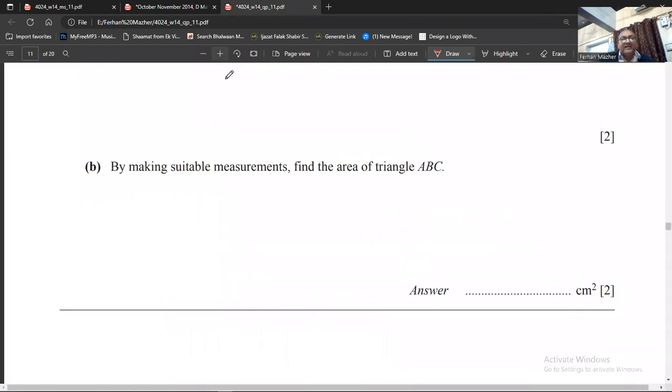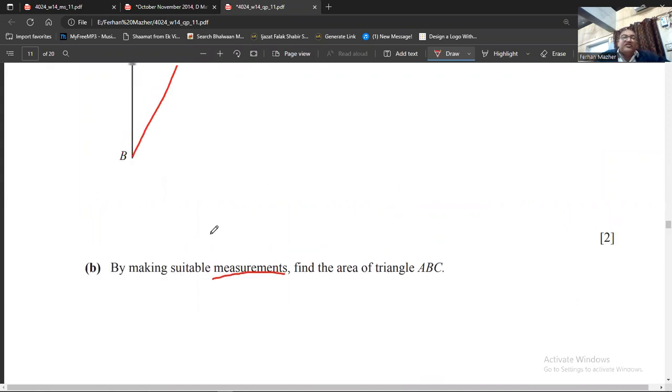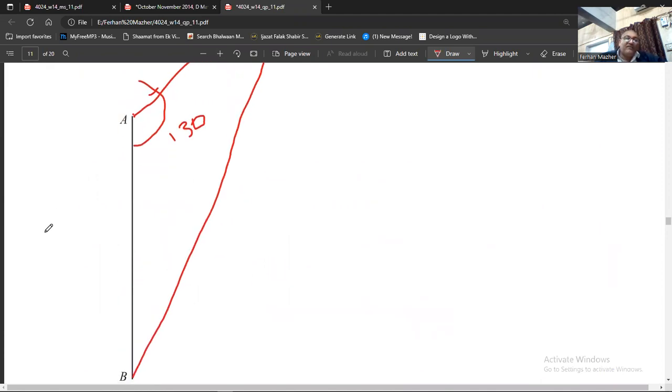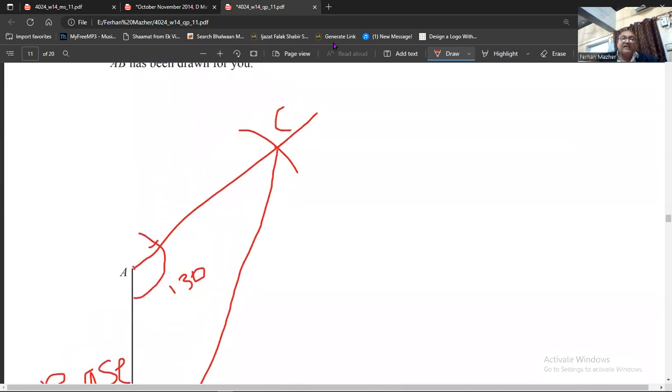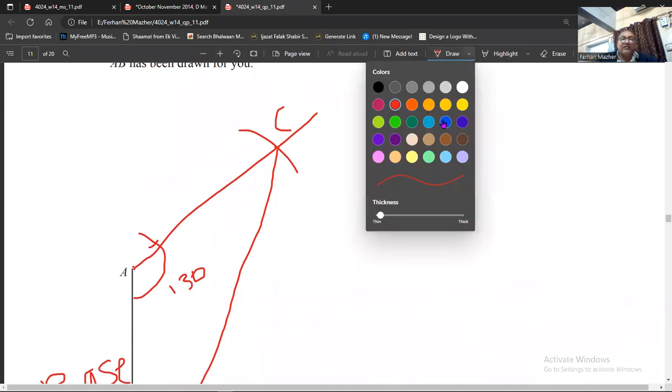Then he says, by making suitable measurements, this word is very important, measurements, find the area of the triangle ABC. So I will measure what is the base, that is the AB length. I already know how much is this. And then I will measure what is the height.